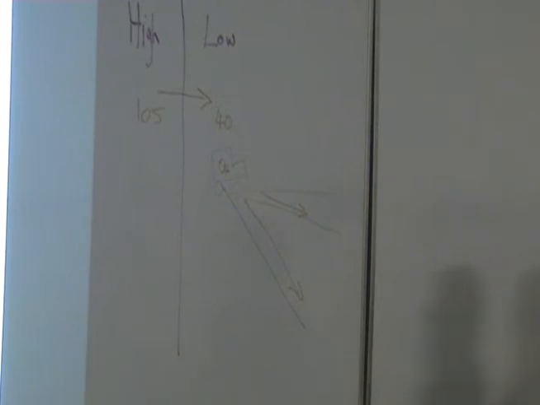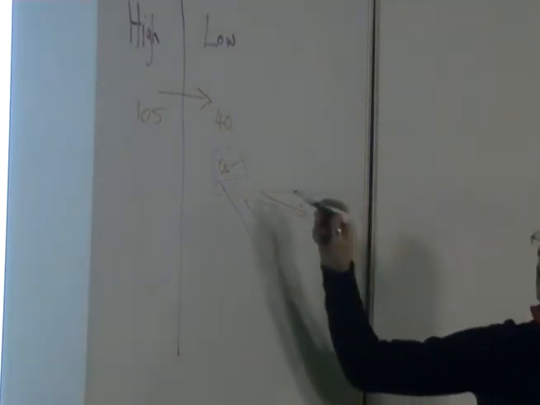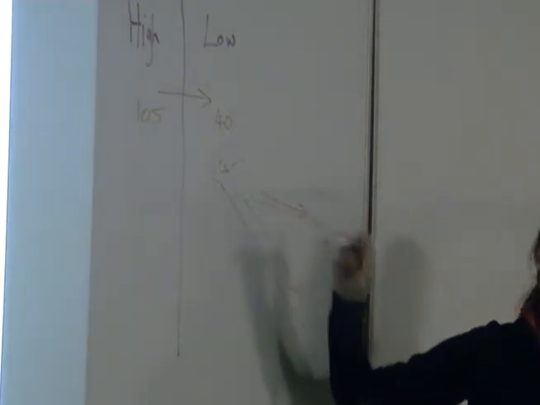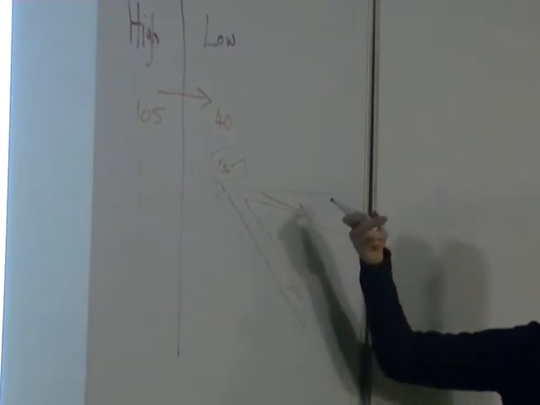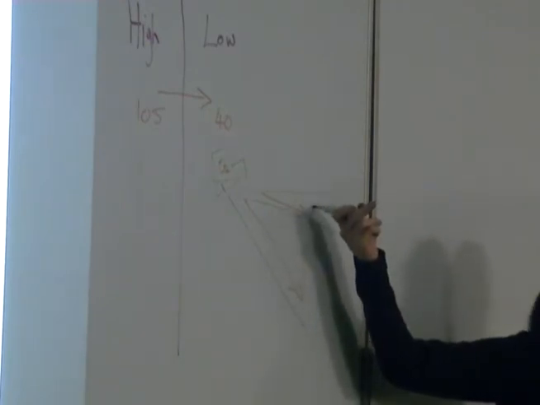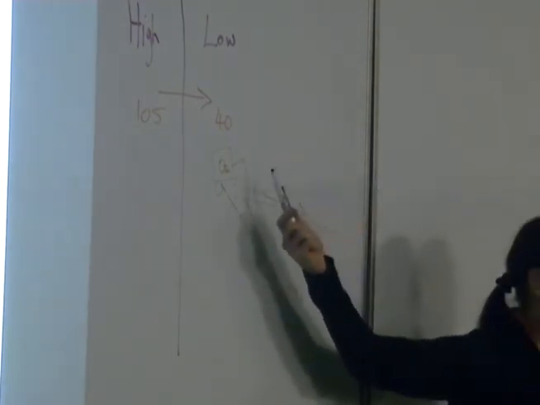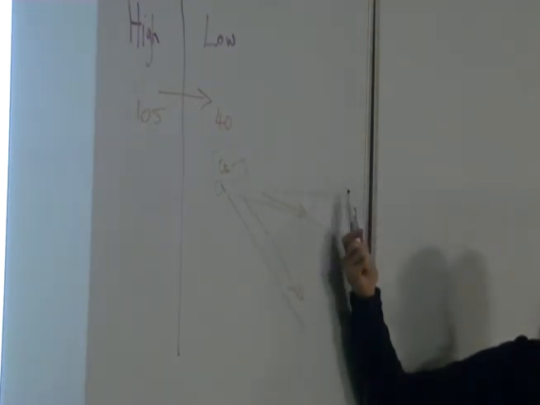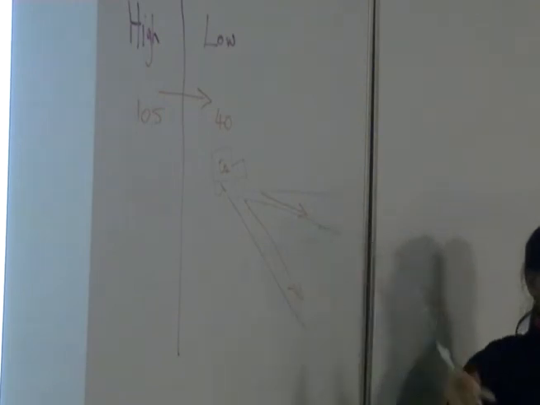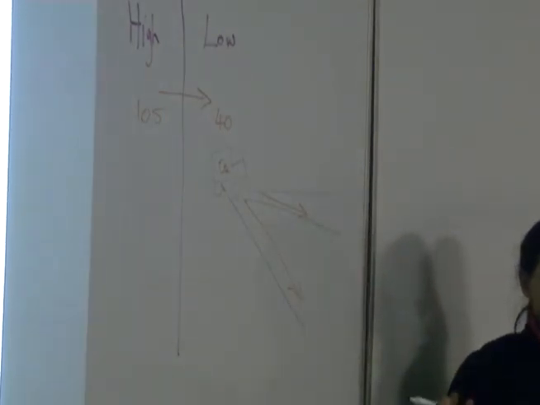Does it move at all when I take the handbrake off if it's parked on the flat? Oh, no. Right? So if there's no pressure gradient, if the pressure both sides of the membrane is the same, oxygen can't move. Okay?